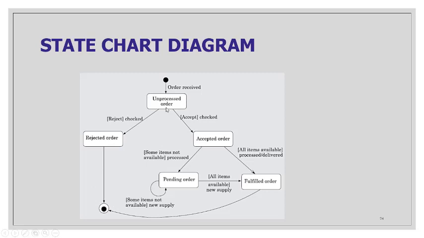If the order is accepted, then it goes to the accepted order. If the accepted order is processed, then it may be in the pending order, then it may become the fulfilled order, and after finishing the fulfilled order, the state chart says that we have to make the new supply also. So these were the different types of charts.